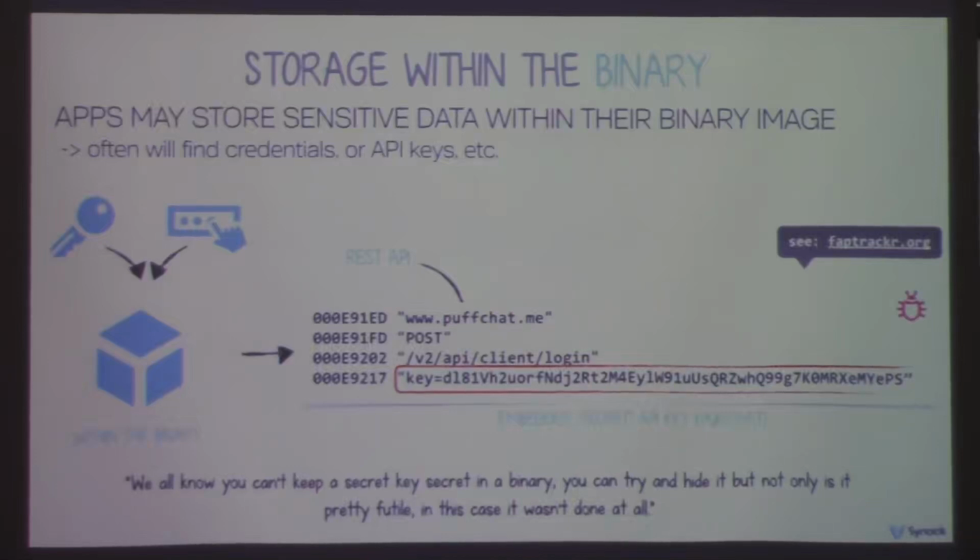So if you find this key, you can basically query any other user's account and read their text messages. There's a quote from the guy who found this, which is true: you can't put secrets in binaries, reverse engineers are going to find it, but here they didn't even try. Again, to me, this illustrates that you can have a secure application, but if you reverse engineer it, there are blatant vulnerabilities that completely undermine all the security.